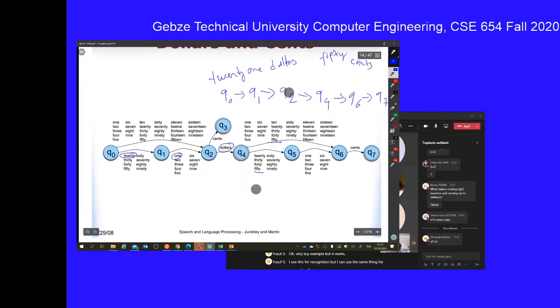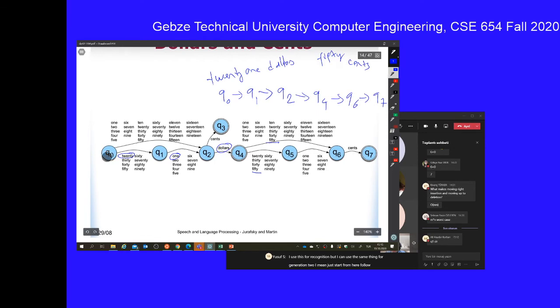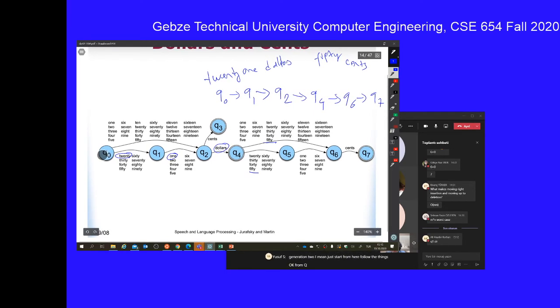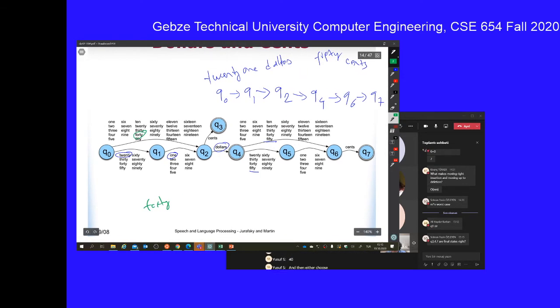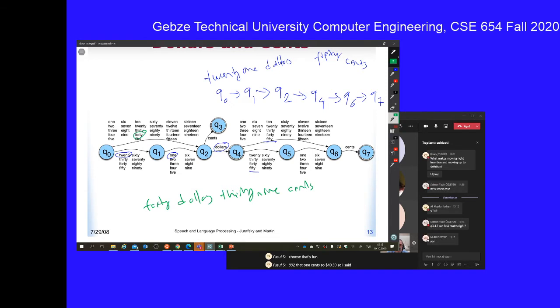Just start from Q0, follow the transitions. I choose 40, and then either that one or that one, dollars. Choose this one, 30, choose that one, 9, and choose that one, cents. So $40, 39 cents. It's a valid expression again.